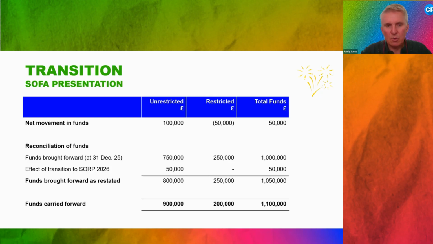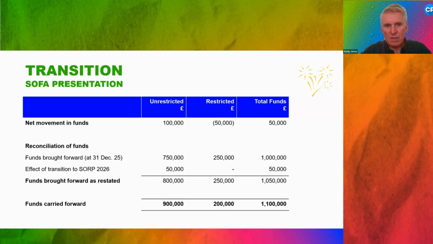That's where you'll show the funds brought forward as previously reported. You'll have the effect of the transition to the SORP of net £50,000. That gives you your funds brought forward as restated, and then that flows through to your funds carried forward. So that's what it'll all look like at the bottom of the SOFA.